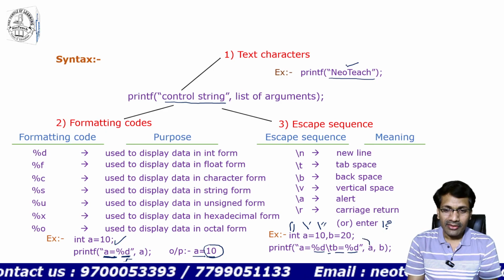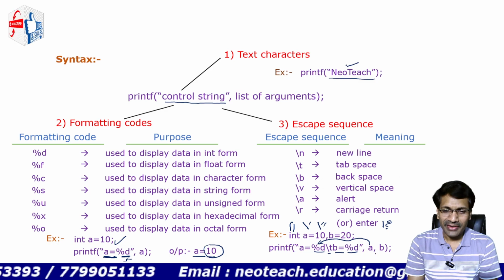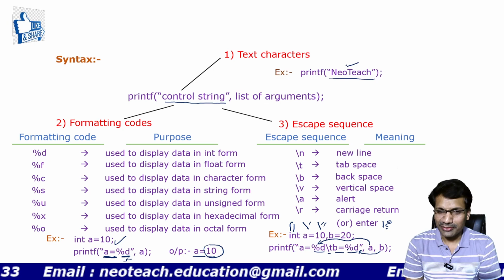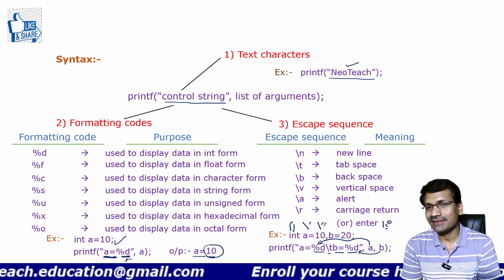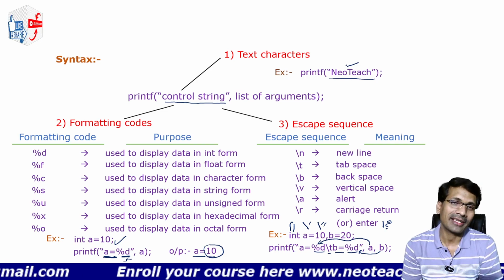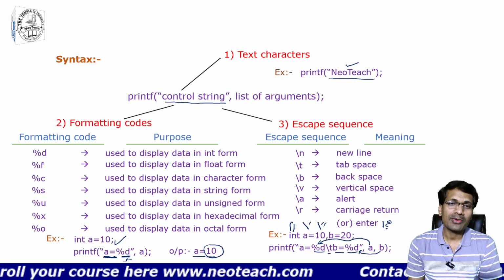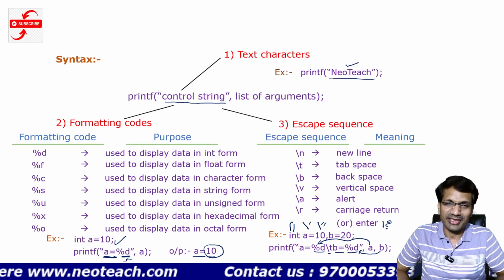The a value fills the first formatting code, and the b value fills the second formatting code. Formatting codes are required on a one-to-one basis. Every variable requires its own unique formatting code. However many variables you want to display, that many formatting codes you should write. That is the main thing.